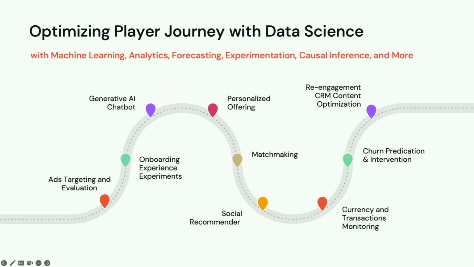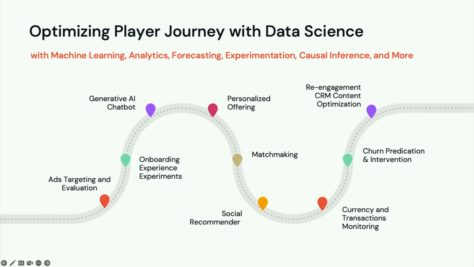To give a more concrete feeling of what we are actually working on, we can take the perspective of a player. As a beginning, we can help to do good ads targeting and evaluation to make sure we reach out to the proper audience. And once the user becomes our player, we can use experiments or A/B testing to improve our onboarding experience for users.